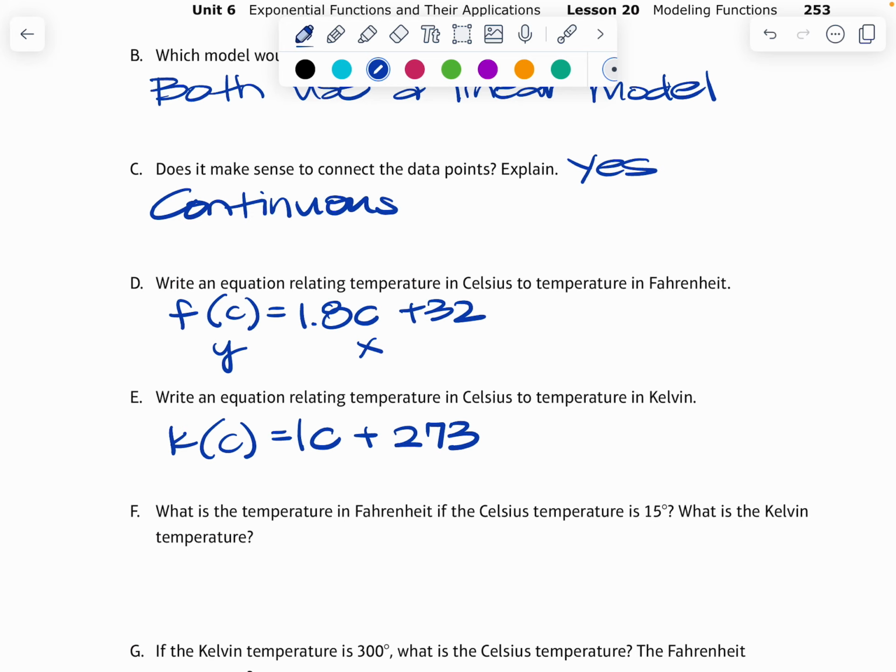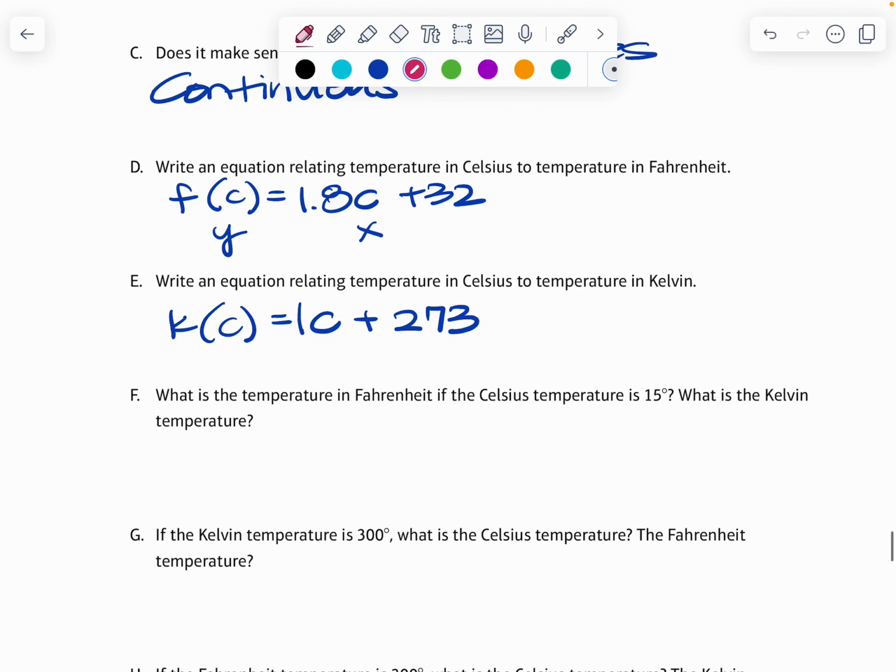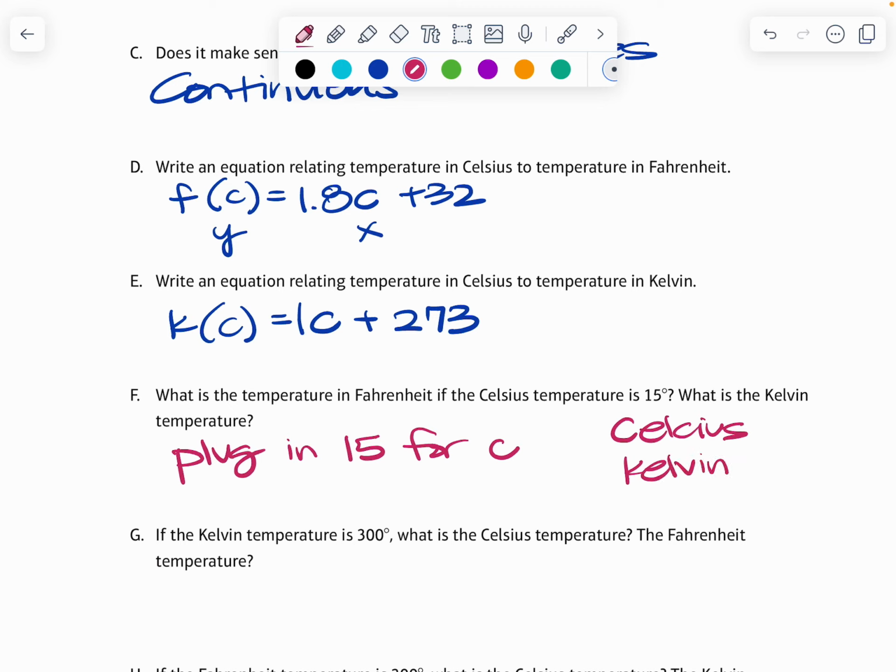Good. All right, what is the temperature in Fahrenheit if the Celsius temperature is 15 degrees? So all you're going to do is plug in 15 degrees for your X value or for your C. Plug those in, and you should get an answer for Celsius at 15 degrees and Kelvin.